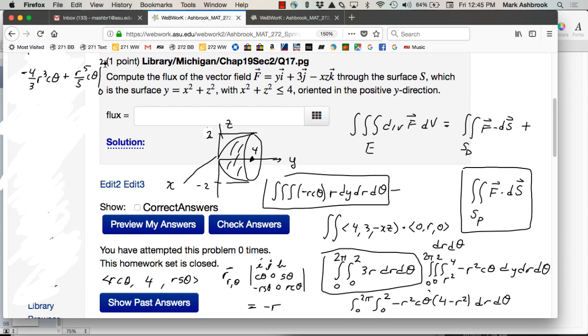So 2 will give 8, so negative 32 thirds cosine theta plus 32 fifths cosine theta. Check my math. And now we're doing d theta from 0 to 2 pi.